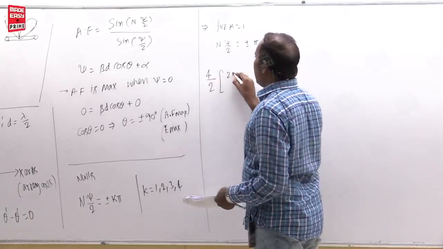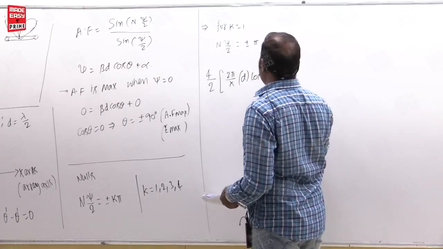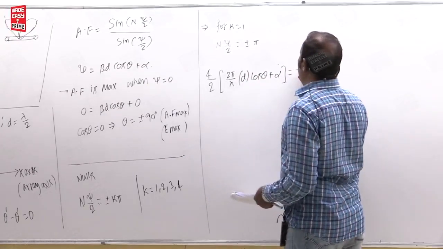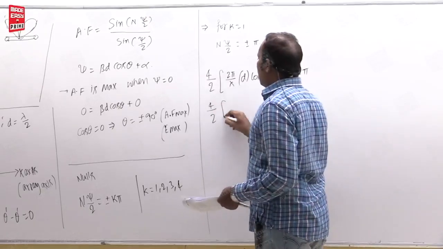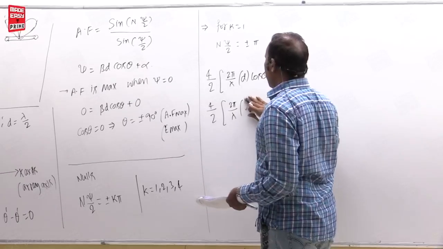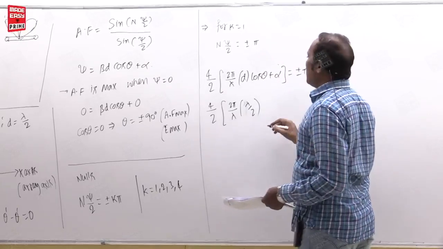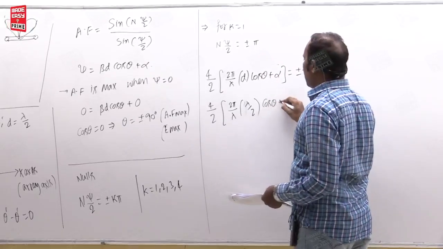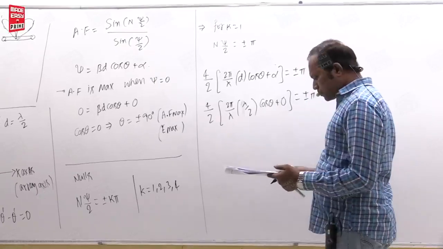Psi is beta d, beta is 2 pi by lambda, d is lambda by 2, cos theta plus alpha equals plus or minus pi. We want the theta value, and alpha is 0.